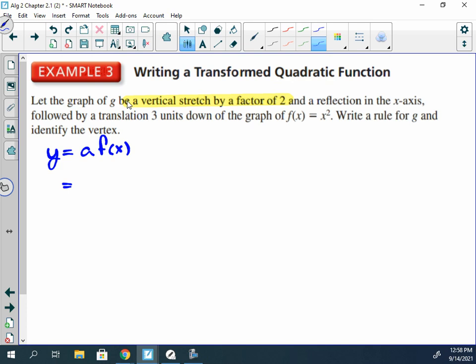Our value of a, the stretch, is 2, because vertical stretch or shrink is exactly what we think it's going to be. Since they said a stretch of 2, we plug in 2. Now, what is f of x? x squared. So we'll replace f of x with x squared. Well, this is just 2x squared.